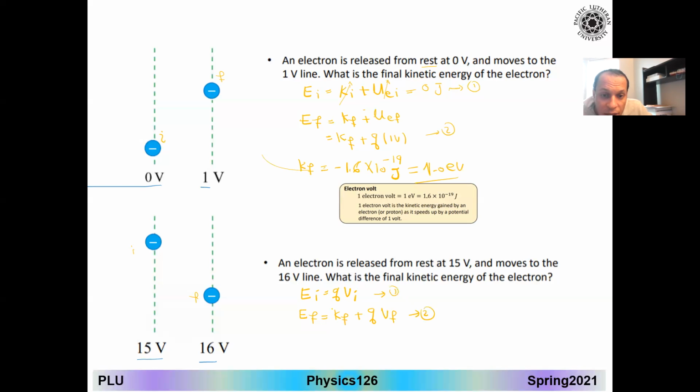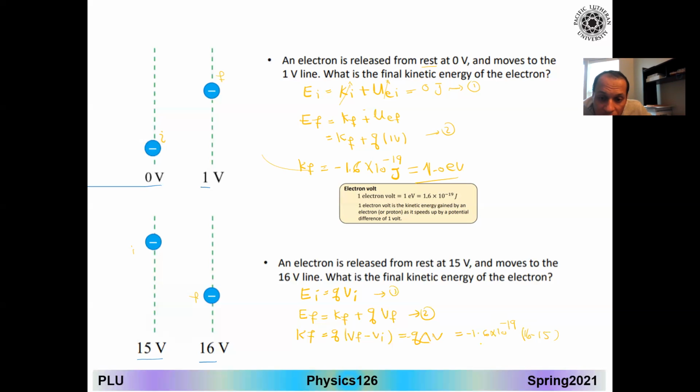Now, to find the kinetic energy change, we take the Q outside and end up with V final minus V initial, which is basically Q times delta V. Delta V is 16 minus 15, and Q is minus 1.6 power to the minus 19, times 16 minus 15.